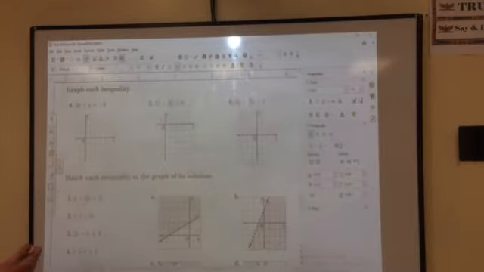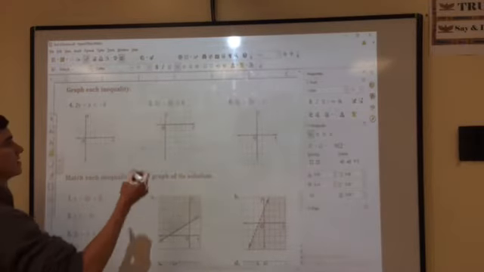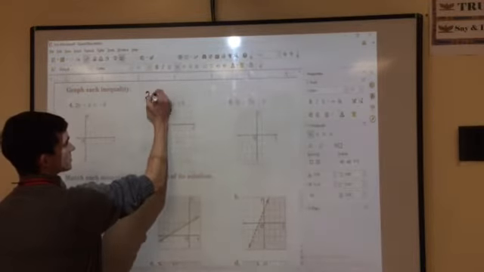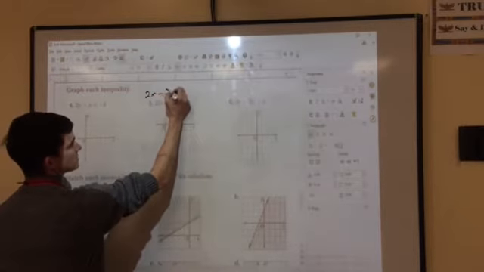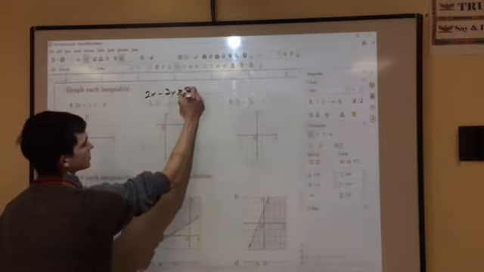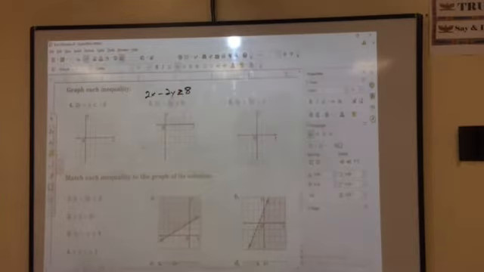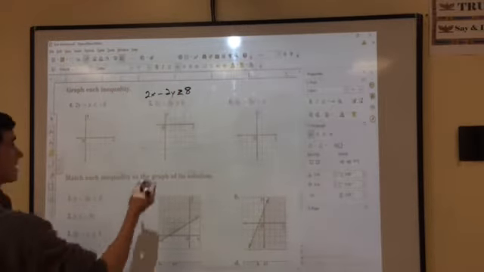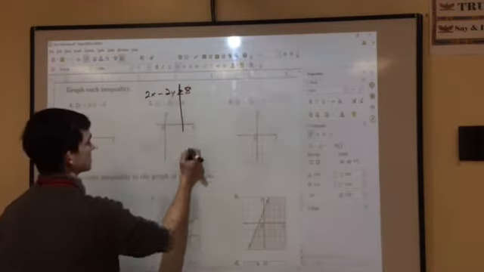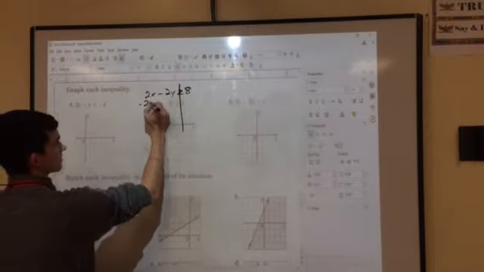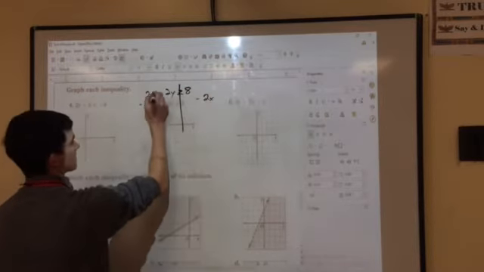So notice the difference in these inequalities and the other ones. These have two variables. So you have 2x minus 2y greater than or equal to 8, like that. So we need to still solve for y. All right, so still the order of operations. I'm going to subtract 2x from both sides first. Those cancel.